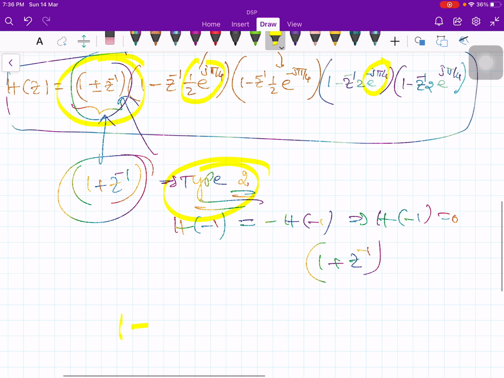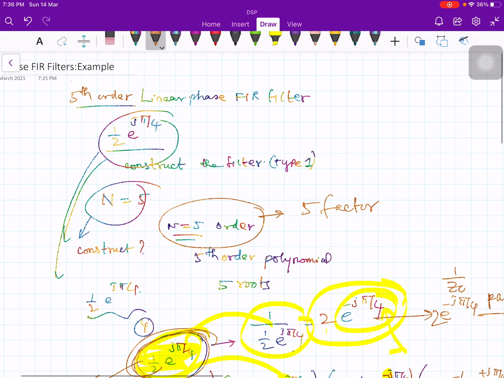Now in case you choose 1 minus z inverse, then you will get a type 4 filter. So this is the kind of problem that one obtains from partial information. In the given problem, the information is partial.